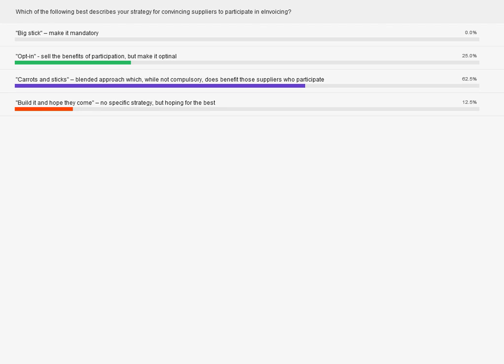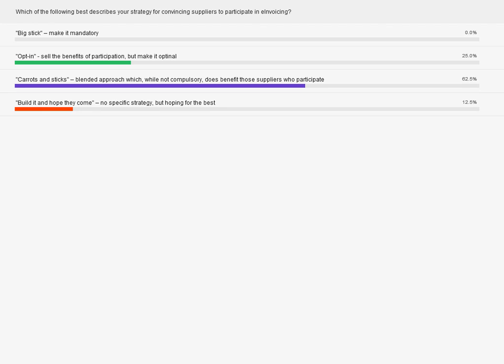Yeah, Jimmy, I think it's interesting that there's a few cases where organizations may opt for that big stick approach, really making it compulsory to participate, and in some cases making it purely voluntary, so say the opt-in approach. But we really find that the most typical scenario is some hybrid between the two.